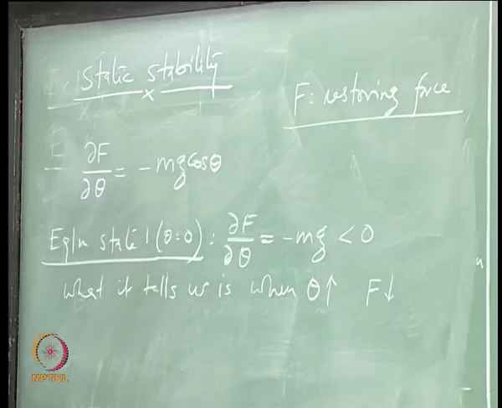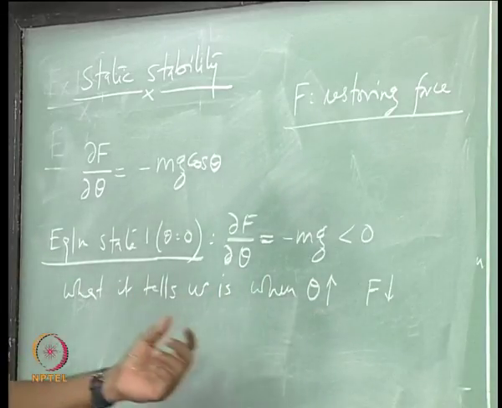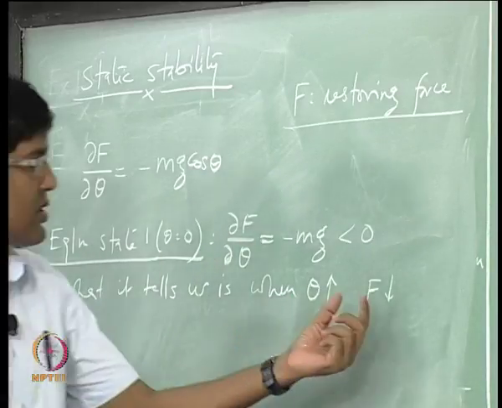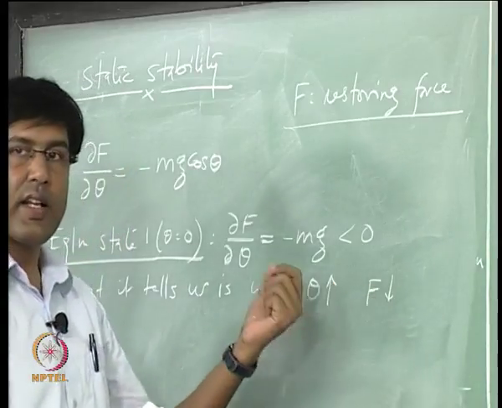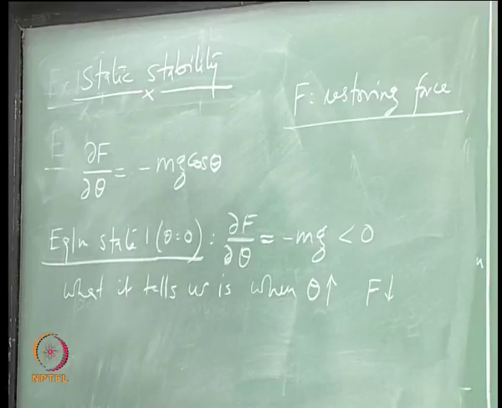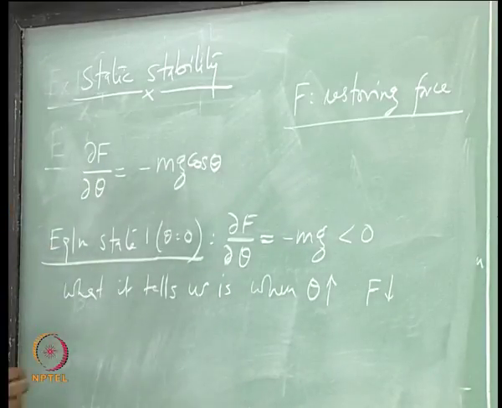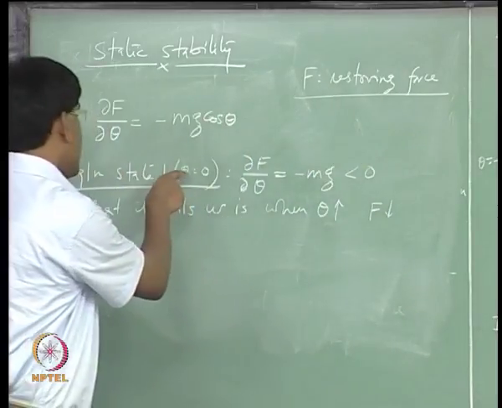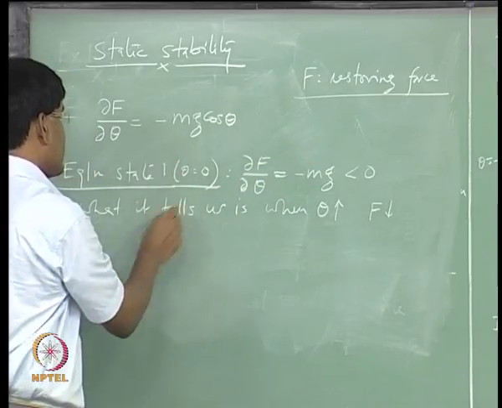That is what this derivative is telling. So, this force is actually acting in the direction to decrease the angle theta, and that is when we say that this equilibrium state around which I have done this is a stable equilibrium state.